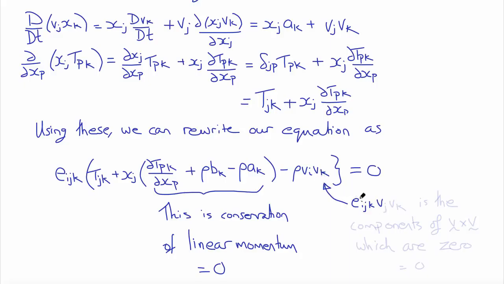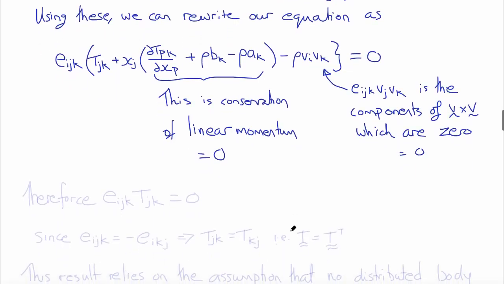But the cross product of a vector with itself is 0 because the sine of the angle between the two vectors is 0. So therefore this term disappears, and we're left with e_ijk, the permutation symbol, times t_jk is equal to 0.